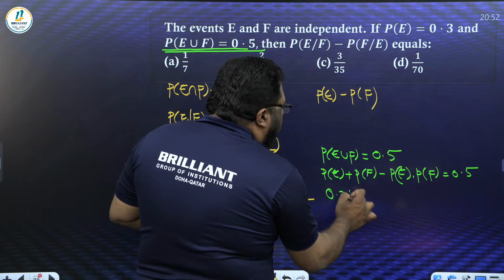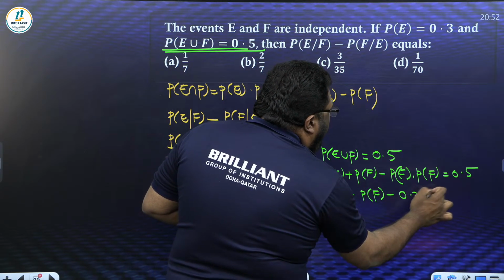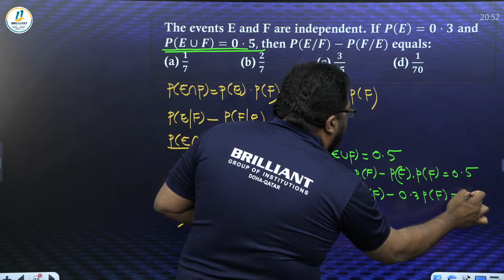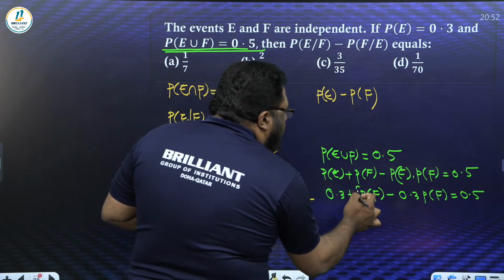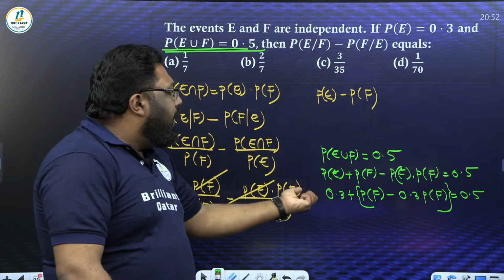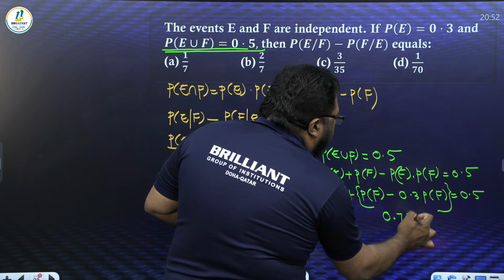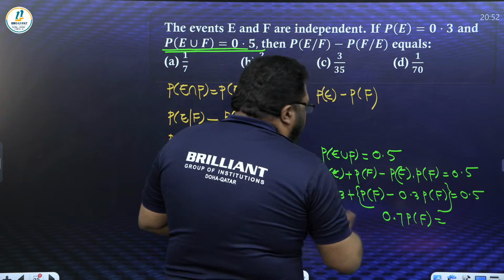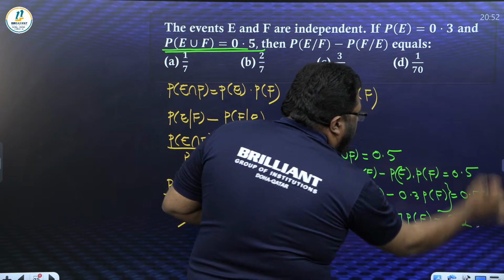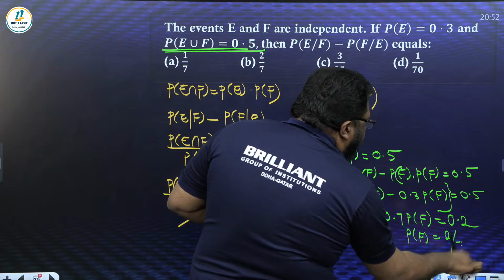So 0.3 plus P of F minus 0.3 P of F is equal to 0.5. Look at this term. It's like x minus 0.3x, or P of F minus 0.3 P of F is 0.7 P of F. And 0.3 to the other side, 0.2. So P of F is equal to 2 by 7.